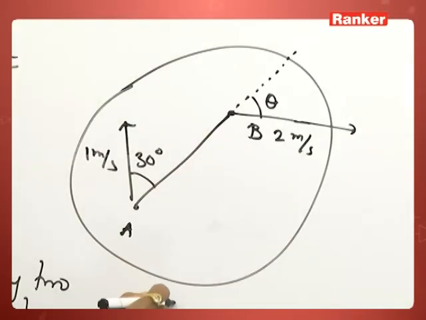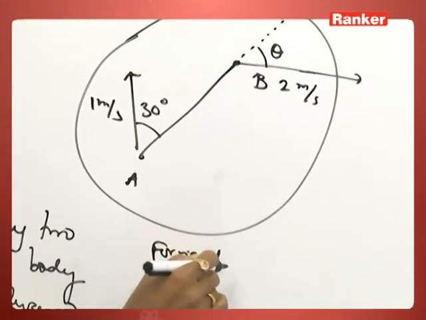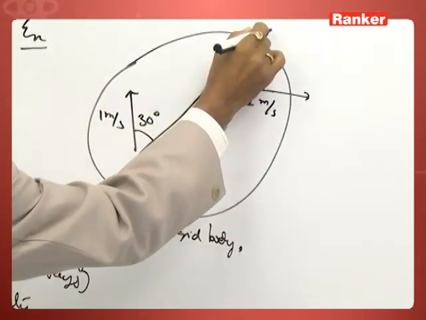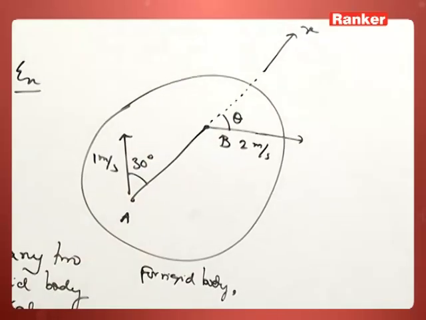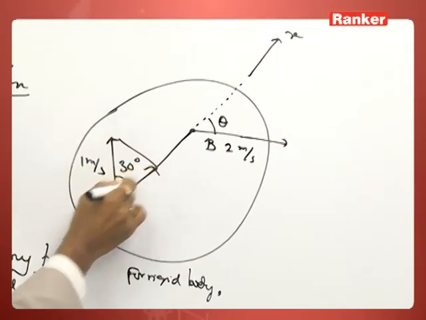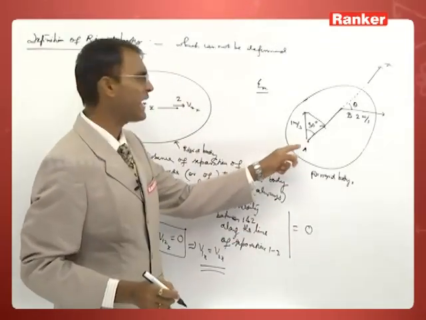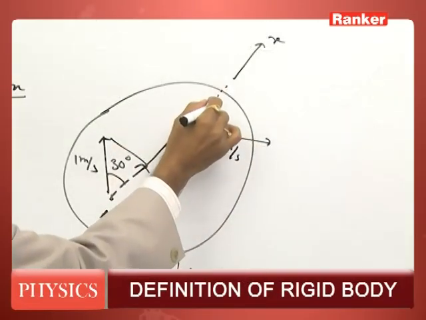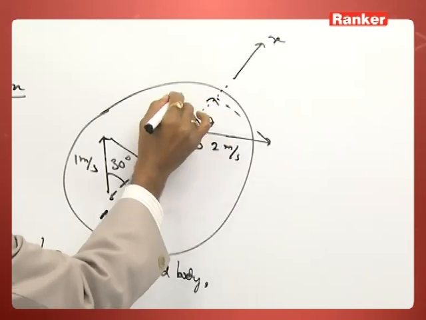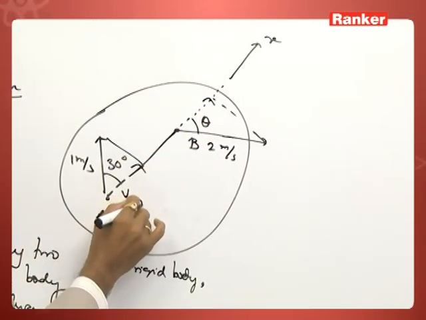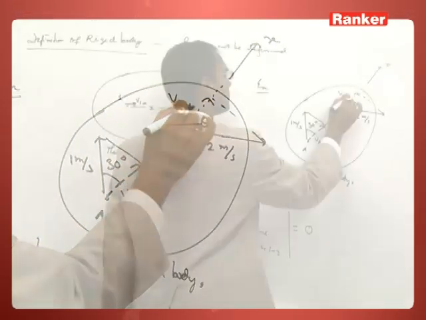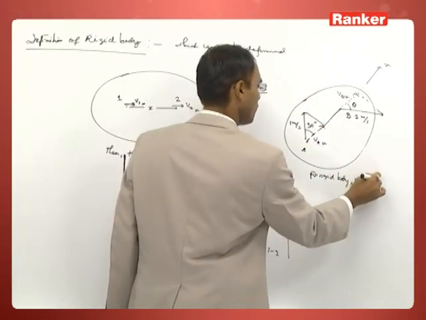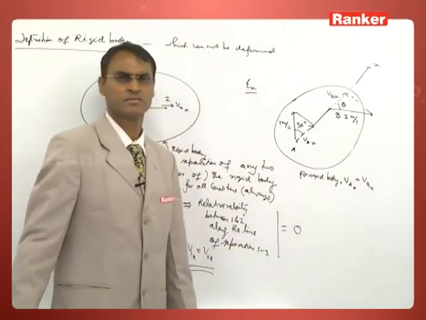For rigidity of the rigid body, let it be the x direction. The velocity of point A along the x direction and the velocity of point B along the x direction must be equated. Vax will be equal to Vbx.